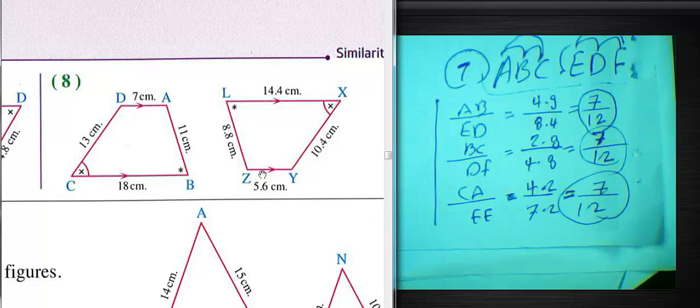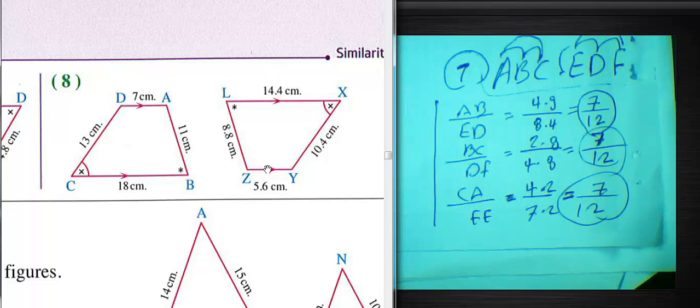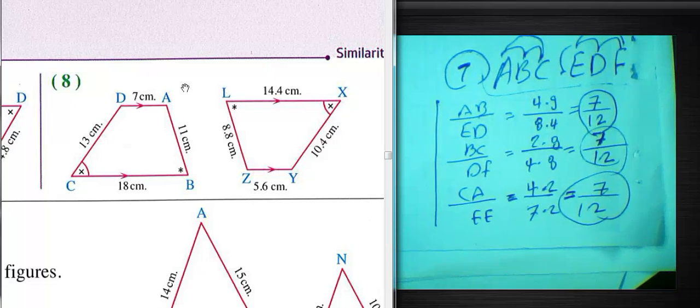He doesn't give me, but you know the measure of angle L and the measure of angle Z, the sum of them equals 180. It's okay. Measure of angle X plus measure of angle Y equals 180. And we have two parallels. Look here. ZY parallel to LX, DA parallel to CB.